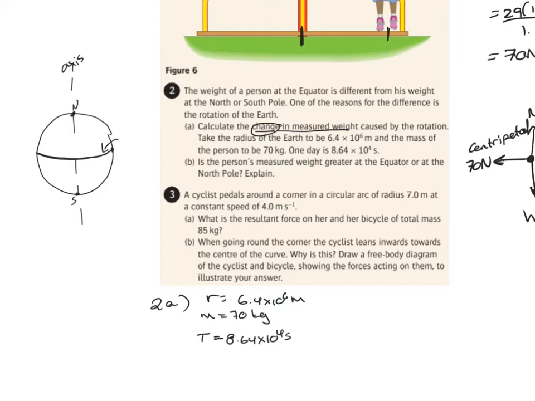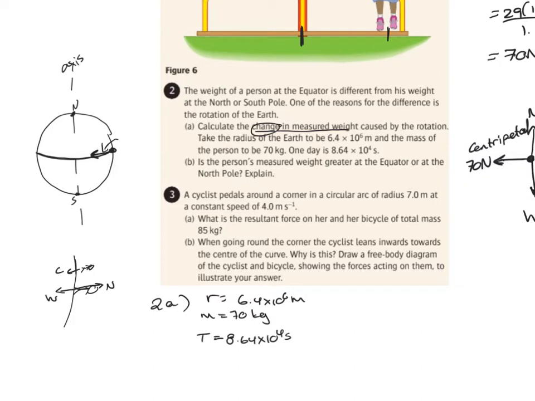To be able to understand how to get to that point, if you have a person standing here, there is a centripetal force acting towards the center of the Earth. But as a person standing there, the person has weight and normal contact force acting on them, which, if you subtract from each other, should give you the centripetal force, which should always be directed towards the center of the Earth.